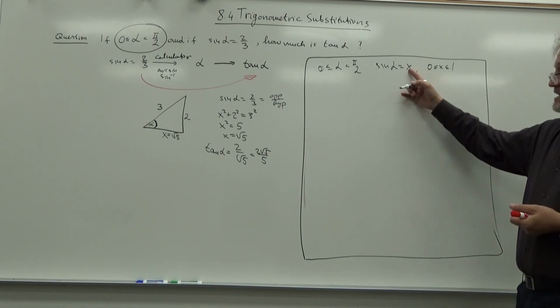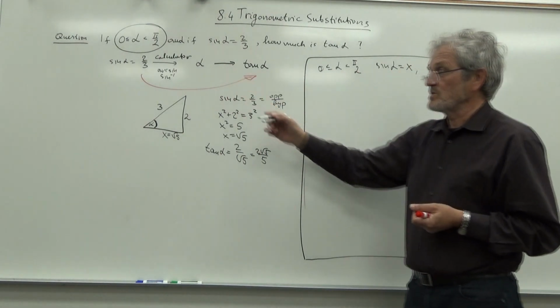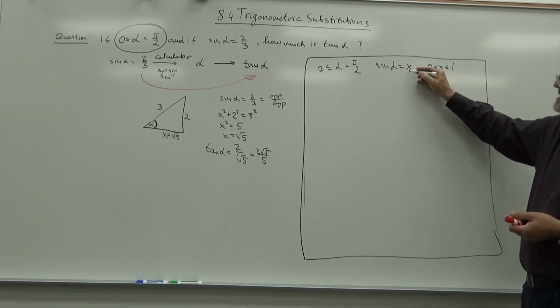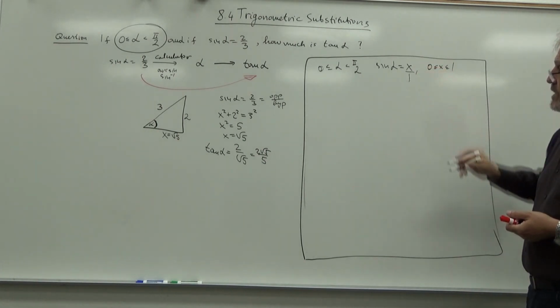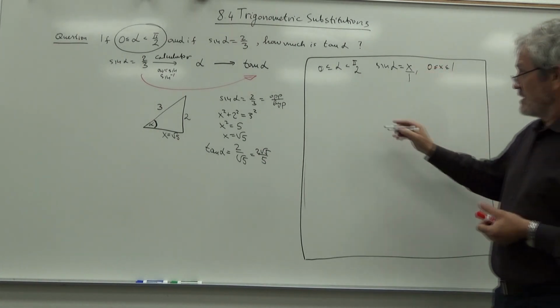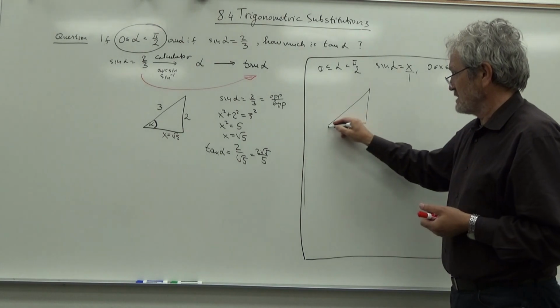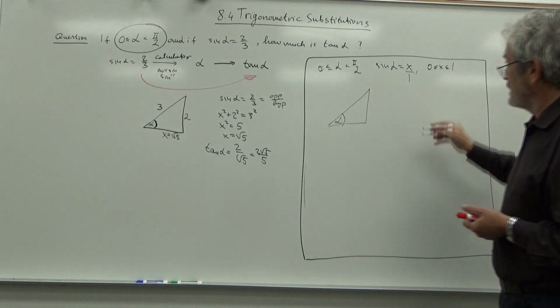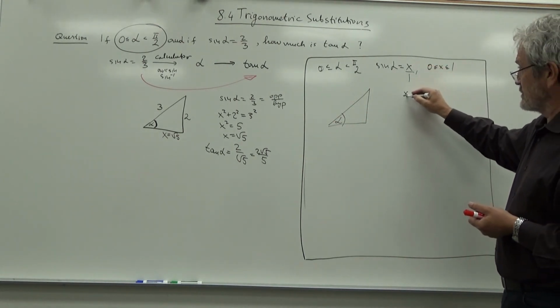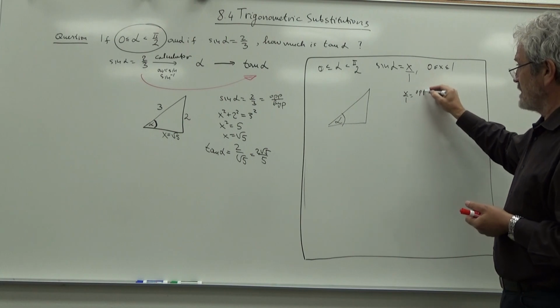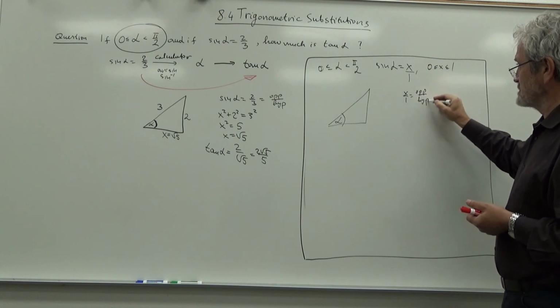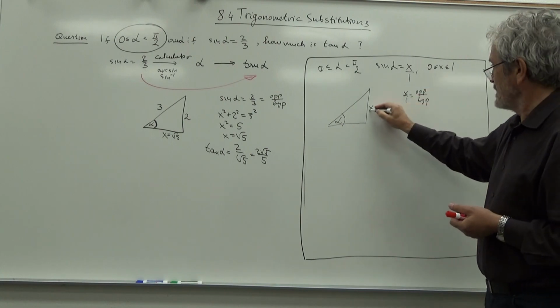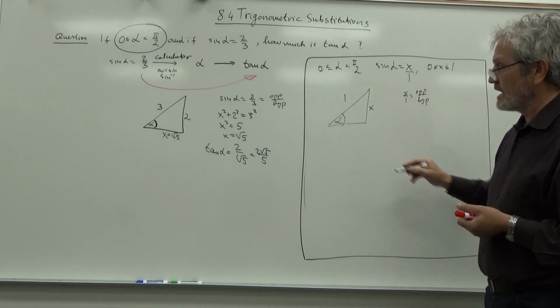The fact that x is unspecified, it's not 2/3, really should not bother us, so we'll think of it as x over 1. And then again, we'll create a triangle. Here's our alpha. So x over 1 is basically opposite over hypotenuse. So we read opposite to be x, hypotenuse is 1.